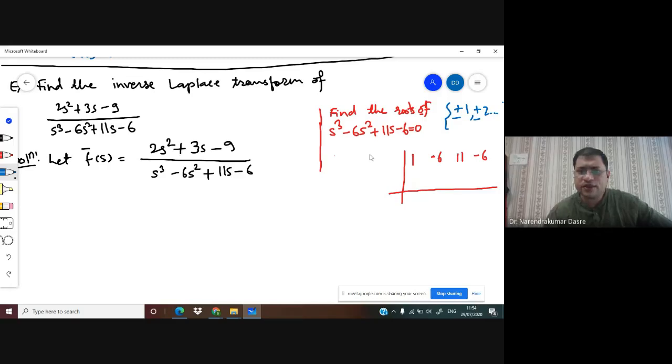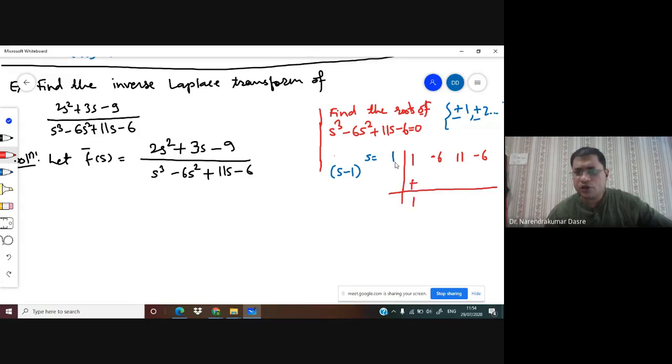I consider first s is equal to plus 1. If I consider s is equal to plus 1, that means I am trying the factor s minus 1. Then I don't do anything for this term, so it remains as it is.